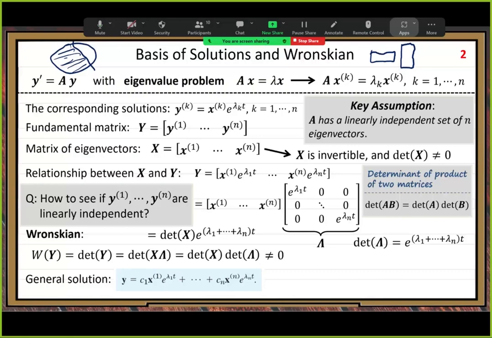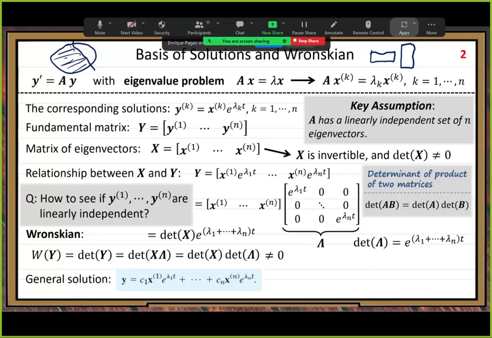So first, you can treat Y as a linear combination of n eigenvectors. The coefficient is C1 times the E function with the corresponding eigenvalue and t.